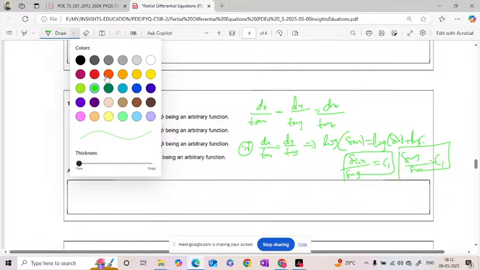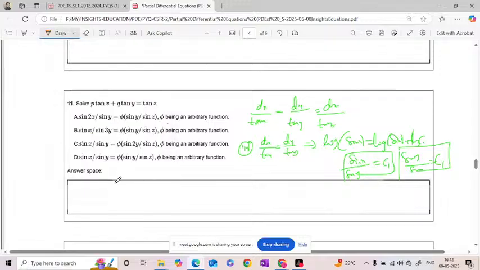Similarly, we will expect the same structure from 1, 3. From 1, 3 we will get sin x by sin z is equal to constant, or sin z by sin x is equal to constant. Now what is the third approach? The third approach is, you can assume 2, 3.